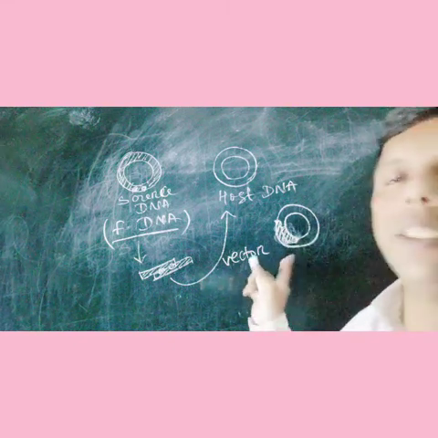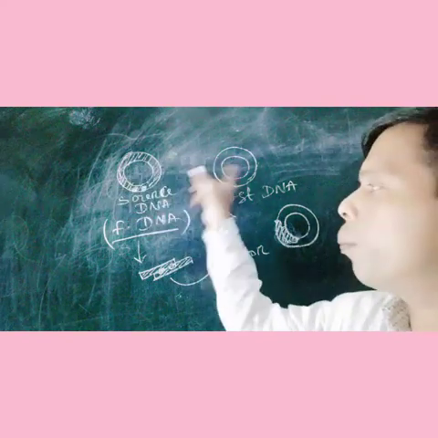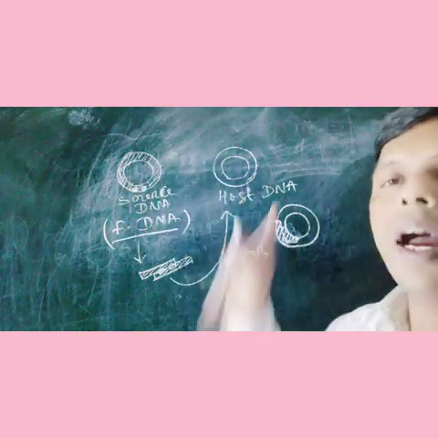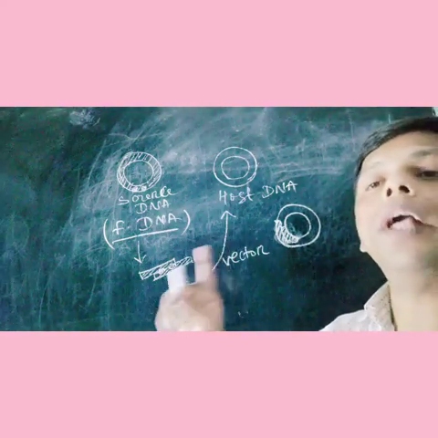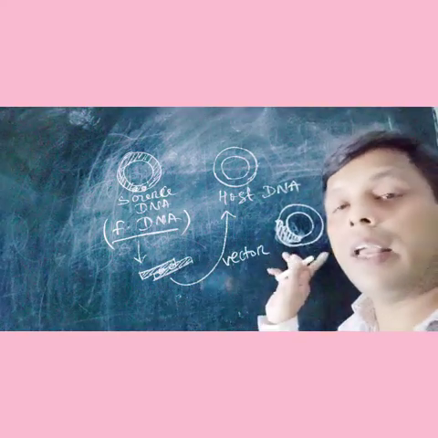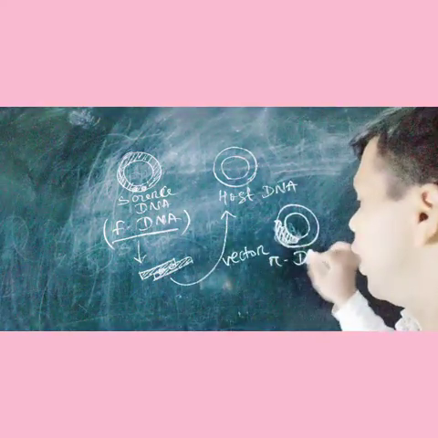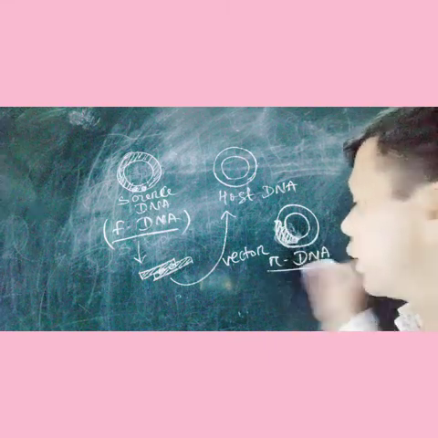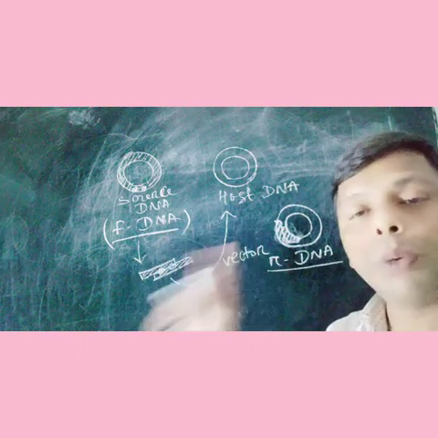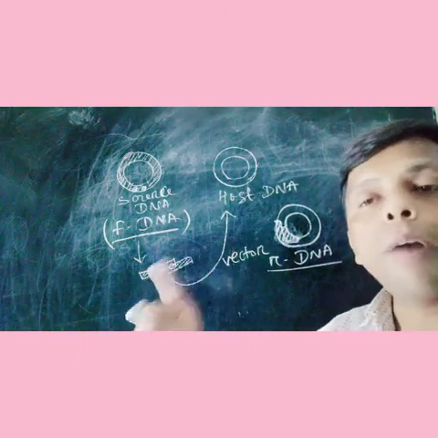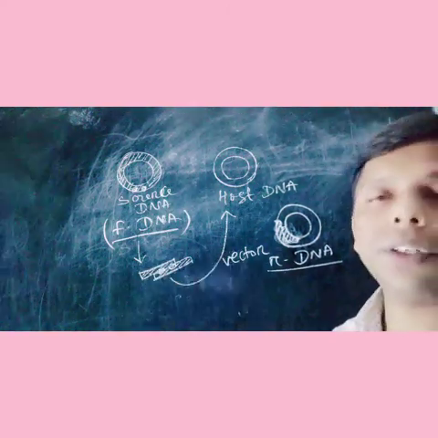This is a new type of DNA produced after combination of source DNA and host DNA, so it is called recombinant DNA. The process by which recombinant DNA is produced is called recombinant DNA technology or genetic engineering.